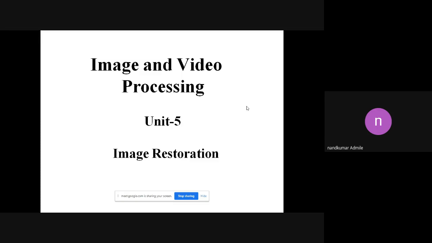Now how do we remove the noise? For that we require filters. Two types of filters can be used in image restoration: one is the inverse filter and the other is the Wiener filter. In the degradation model, we use the filtering element.